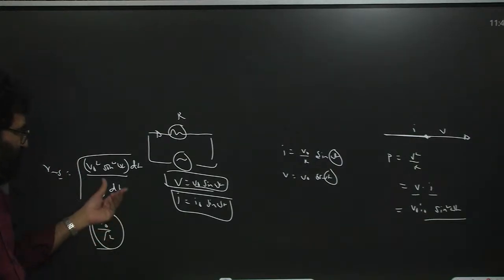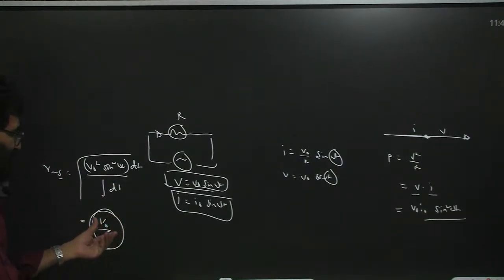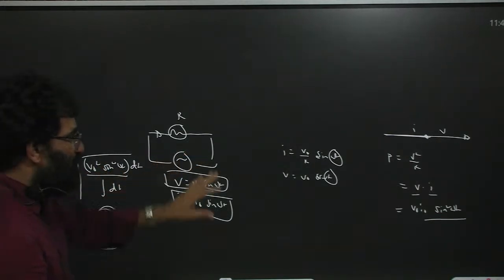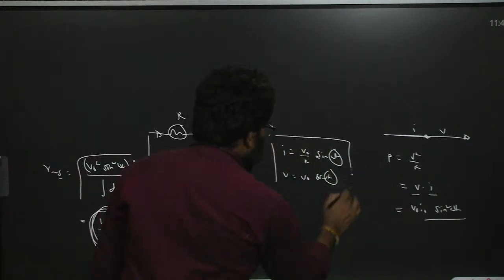When we connect an AC source, it gives the same heat when we take the V naught by root 2 value. So the RMS value is very important.